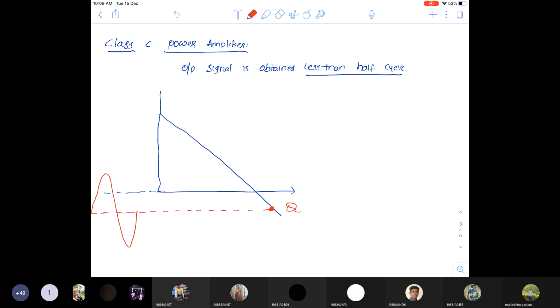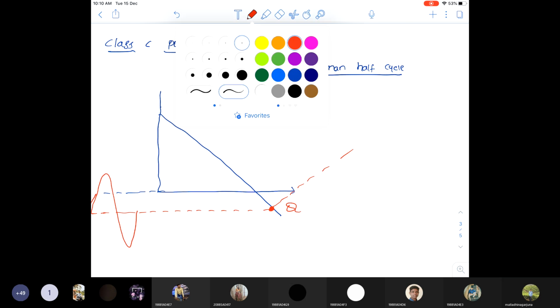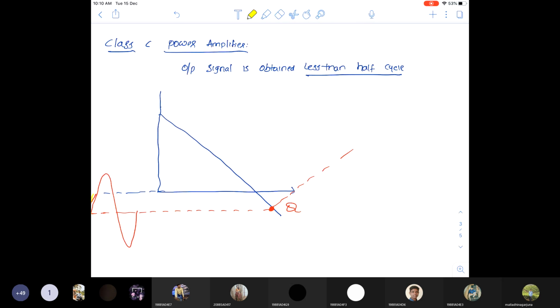Now what happens, what output waveform do we get? Till this point, this portion is below the x-axis. This yellow colored portion will be clipped off.